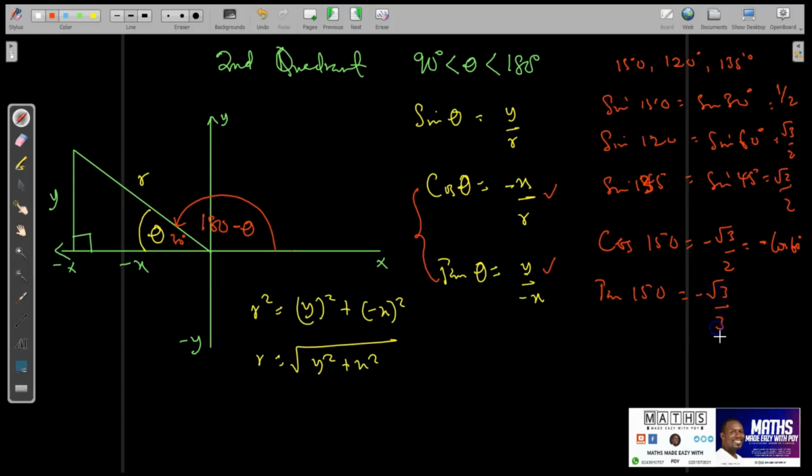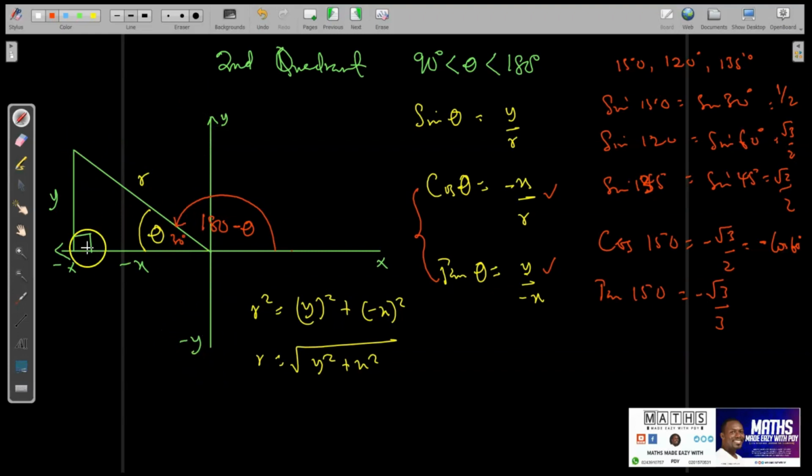Sir, please, I don't understand the part that the y is positive and the x is negative. Like how to determine. When it comes to the diagram here, remember your quadrant system. Positive y is above the x-axis, negative y is below the x-axis.